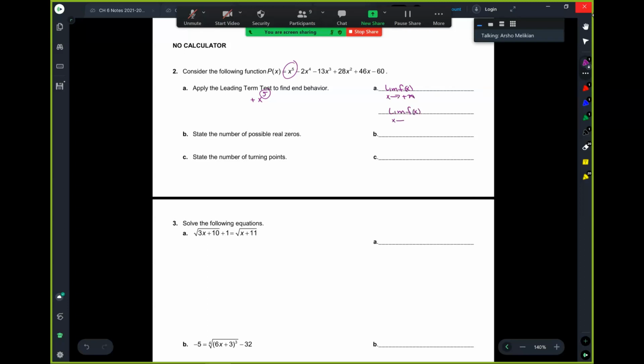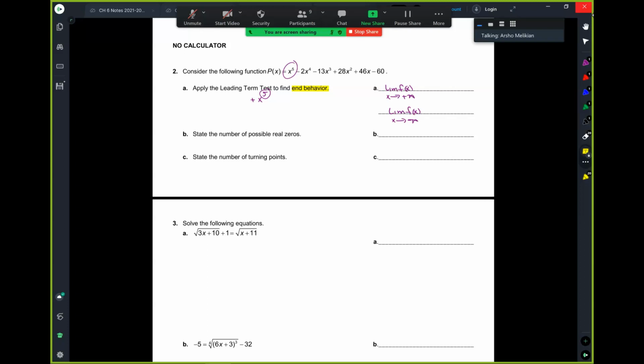By the way, and I'll talk about final exams in a little bit, going based on what I saw in the finals, when you see the term end behavior, it's always two limits: positive infinity, negative infinity, never just one.